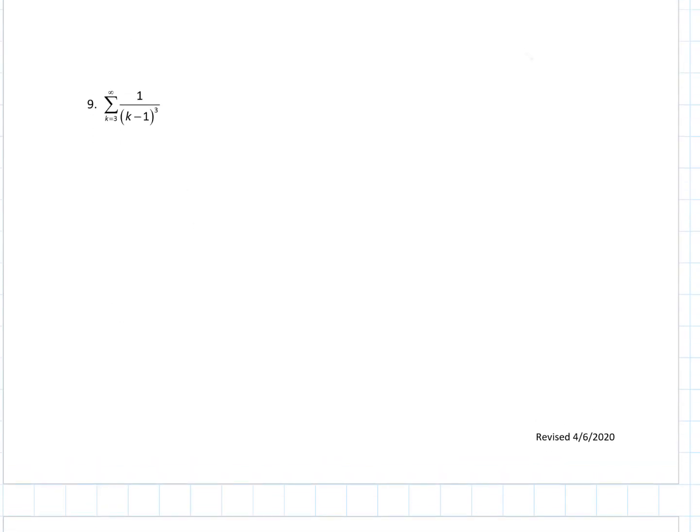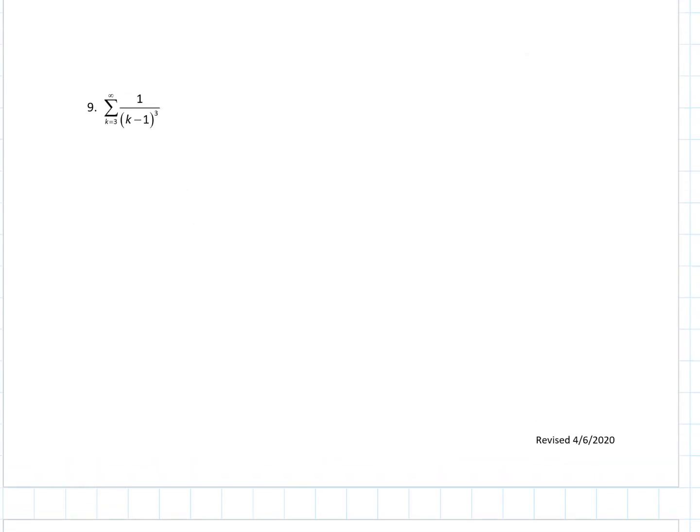Okay, and then we come across this guy. Here we're looking at the series from k equals 3 to infinity of 1 over k minus 1 to the third. Just so we can illustrate, what I did on this one was change the index a little bit. I have this k minus 1, but what I want you guys to see is that this is really just a shifted index.